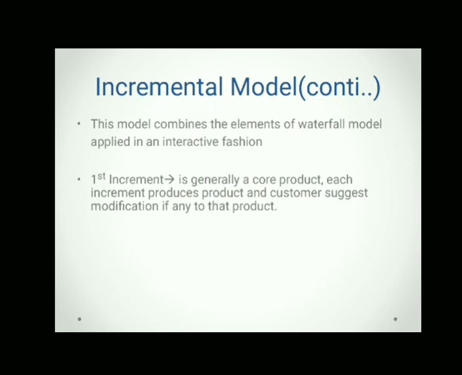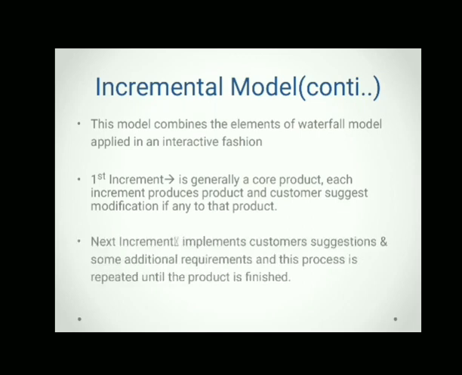In the first increment, it produces a product, and that increment is shown to the customer. The customer suggests modification, if any, to that product. The next increment implements the customer suggestion plus some additional requirements or functionalities, and this process is repeated until the customer is satisfied.